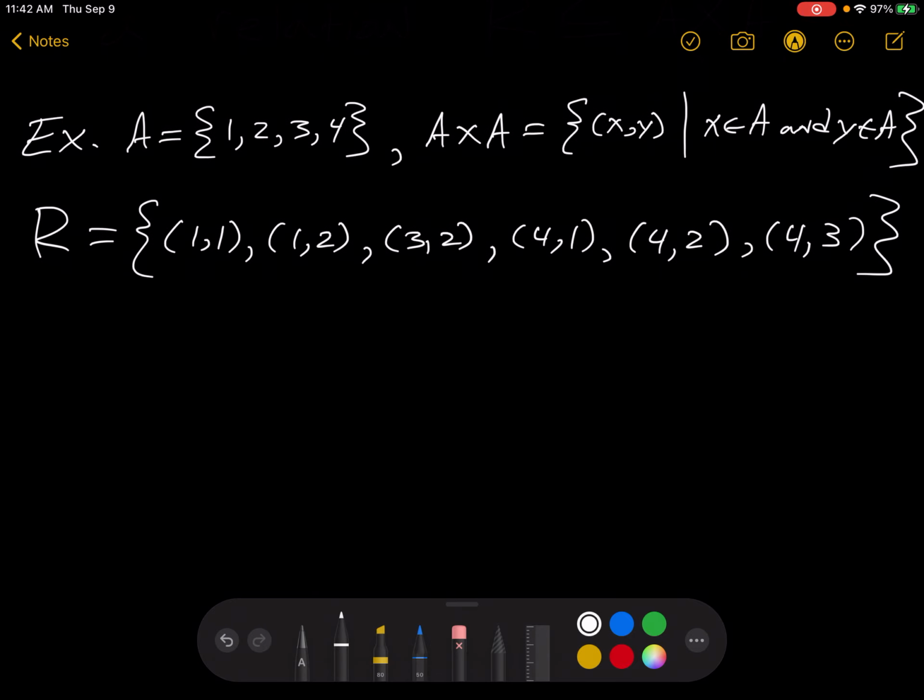Now this relation R, which is defined by this set of ordered pairs here, this is the first way. This is one way to represent a relation. You can represent it as a set of ordered pairs.